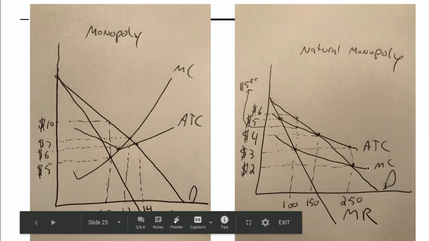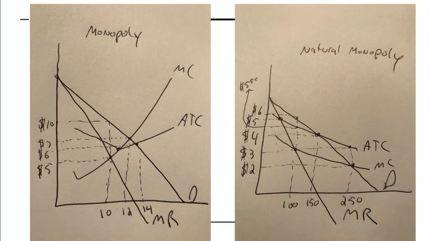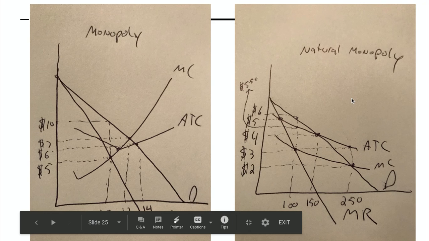So they have a huge total cost, but then the average total cost gets spread out over a lot of houses, and the cost to hook up a new house is almost inconsequential. So that's why the electrical company is a great example of a natural monopoly.